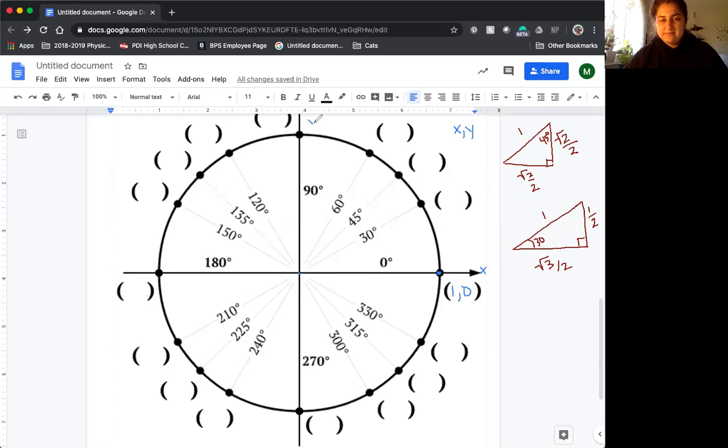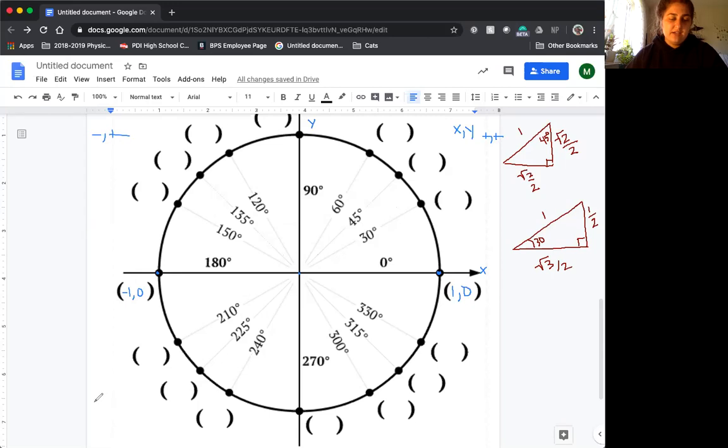Okay. And so if that is 1, comma, 0, then over here has to be -1, comma, 0, right? Because this I want you to think of as positive, positive, right? We have positive x's, positive y's. Over here, I want you to think of negative, positive, negative x's, positive y's.